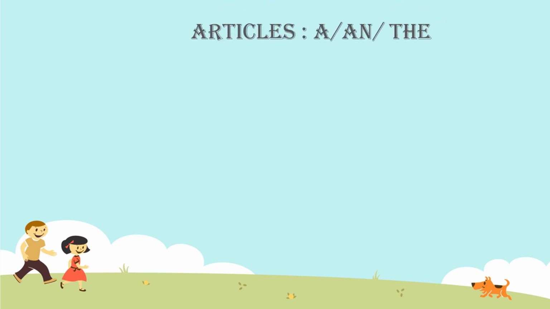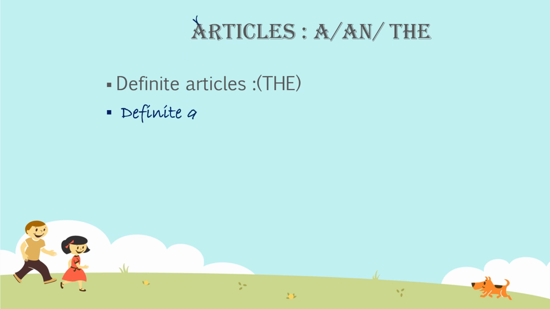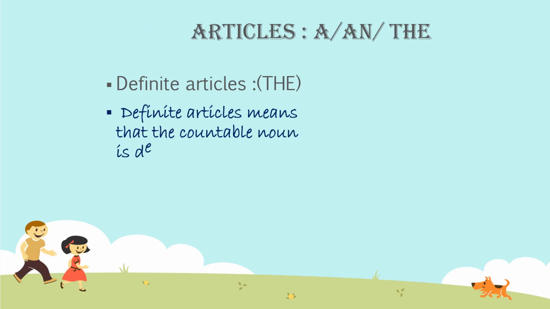Articles are divided into two. First is definite articles and the second is indefinite articles. The is known as definite article. Definite article means that we are definite about the noun we are talking about. That means the speaker and the listener both are sure about what they are talking about.